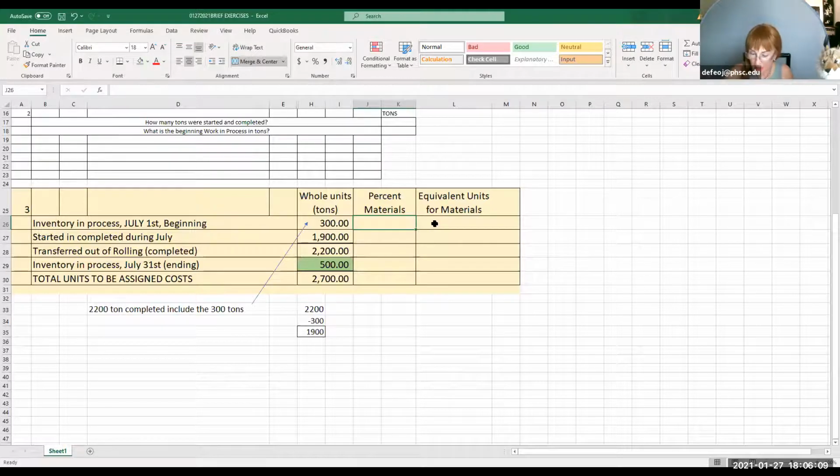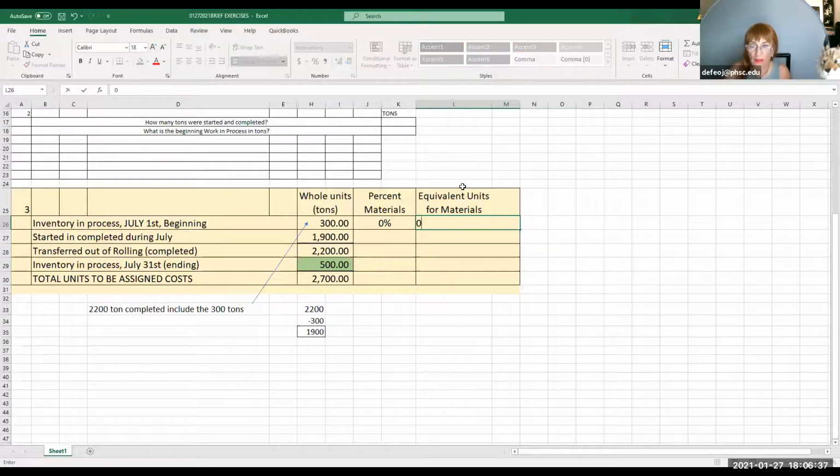So this is going to be 0%. It's already complete as far as materials. So in this last column, 0 times 300. What happens when you multiply 0 by any number? You get 0. That's right. So this is going to be 0 here.